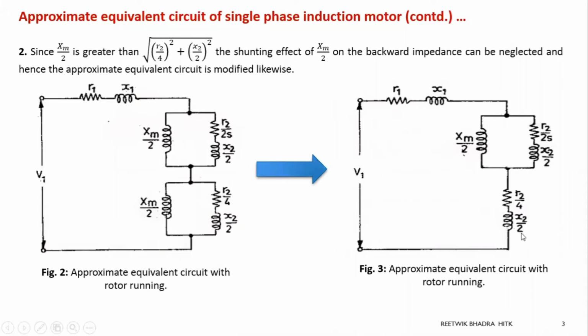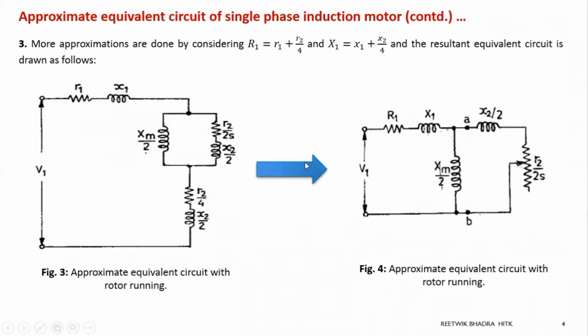That will be X1 plus X2 by 2. That should be our next conclusion from this diagram. So R1 plus R2 by 4, we have taken as capital R1, and X1 plus X2 by 2, we have taken as capital X1. So this total can be combined to form a single resistance and a single reactance, that is capital R1 and X1.